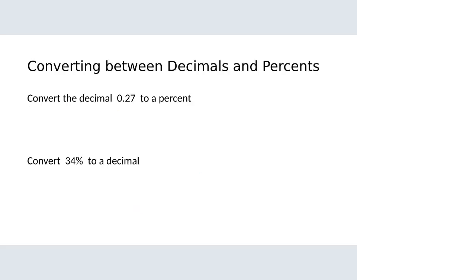Okay. Converting between decimals and percents. So if we wanted to convert the decimal 0.27 to a percent, well, there's a couple ways to think of this. You might think of it as, to make that a percent, I just need to move the decimal point 2 places to the right, and it's 27%. Absolutely fine, good, you can certainly do that.